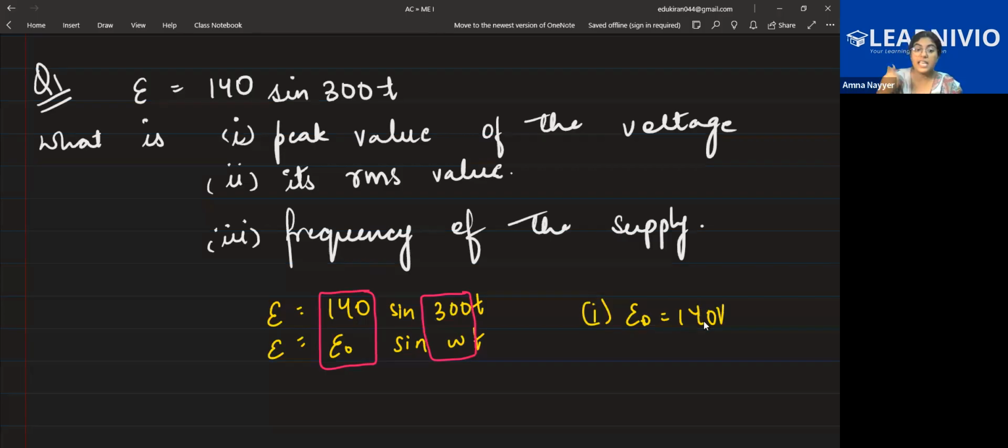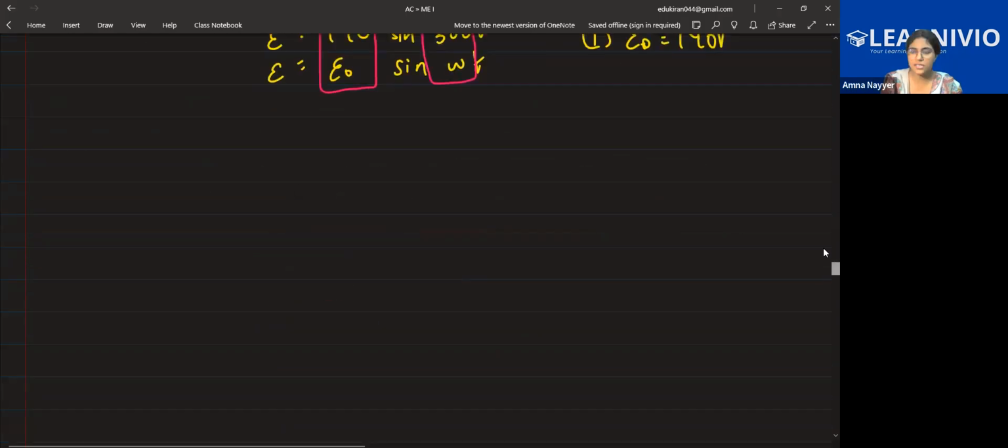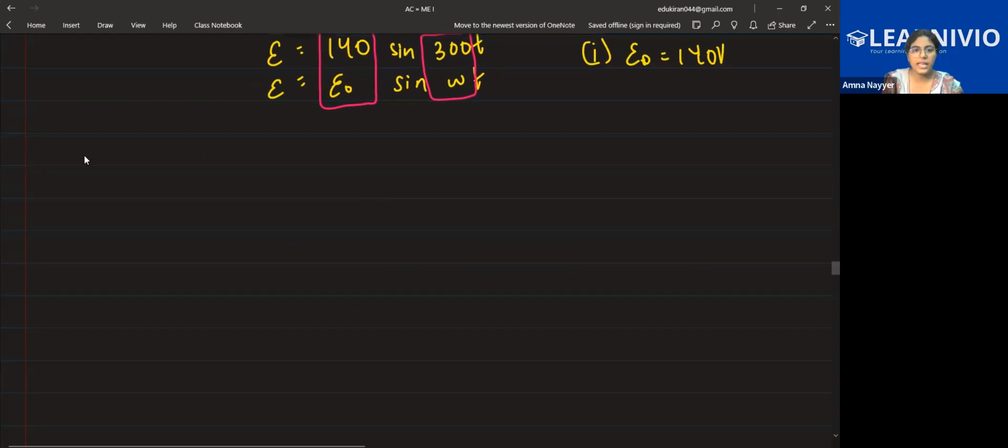Second is its ERMS value. Now class, ERMS's value, we have just done a relation. Stop writing, just listen first. In the derivation which we have just done before the phasors part, we saw the relation of ERMS with E naught. It was E naught by root 2. So now we have E naught, we want ERMS.